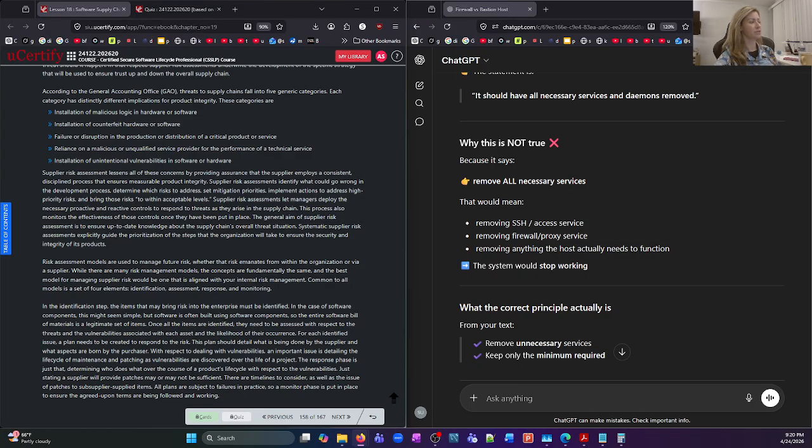In the case of software components, this might seem simple, but software is often built using software components, so the entire software bill of materials is a legitimate set of items.